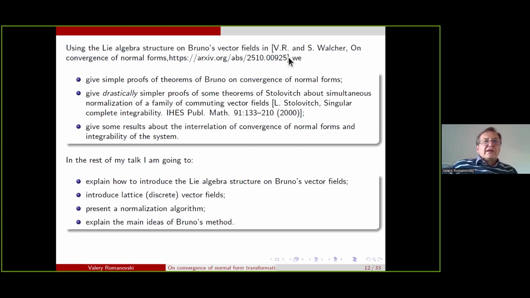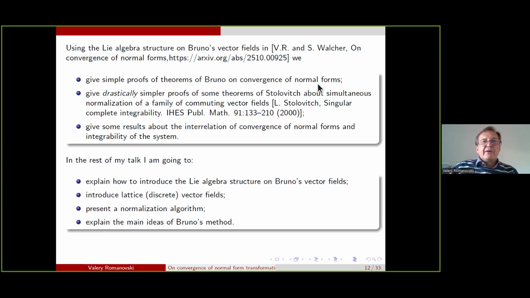Using this Lie algebra structure of Bruno's vector fields, in this work with Sebastian Walker, we made some contributions to the problem of convergence of normal forms. It is presented in this preprint, but we will soon upload a more recent version.